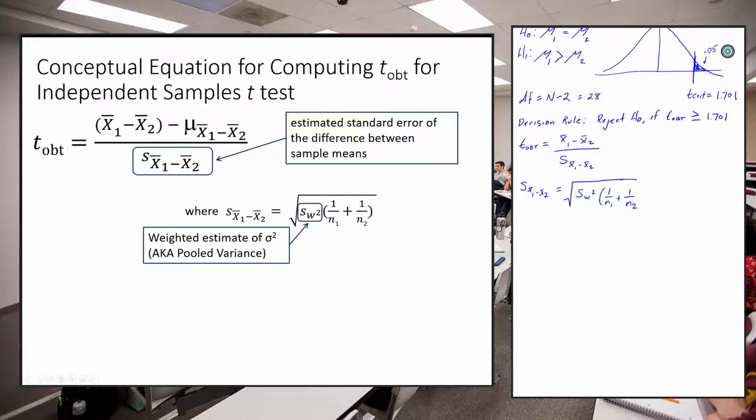Now, how do we compute the weighted estimate of our population variance, or the pooled variance? Well, this is where we have to do sum of squares. So S_W squared is equal to the sum of squares for sample 1 plus the sum of squares for sample 2 divided by the sample size of sample 1 plus the sample size of sample 2 minus 2.